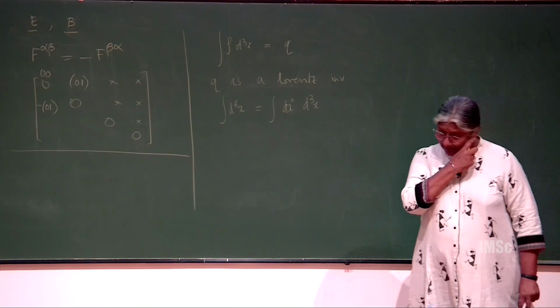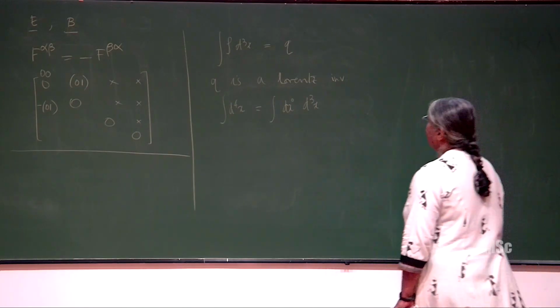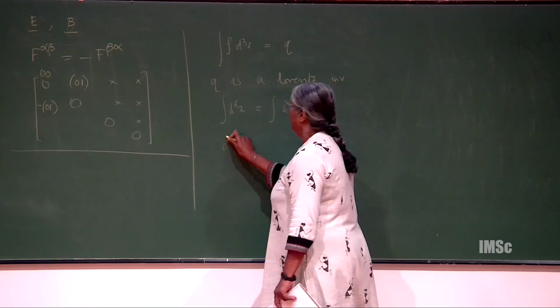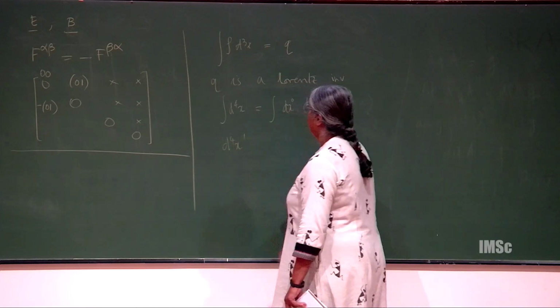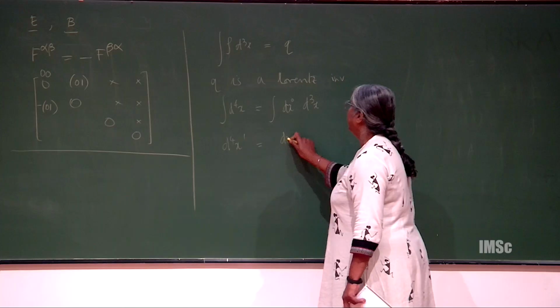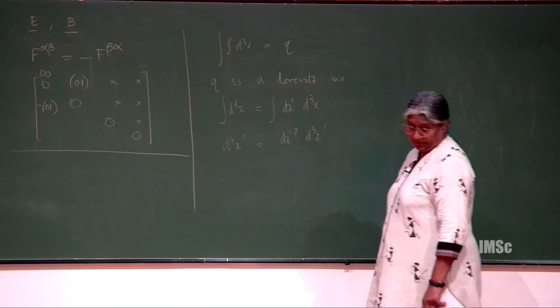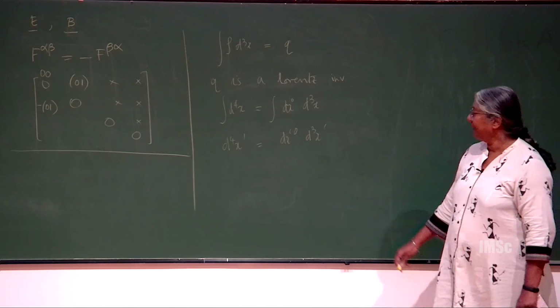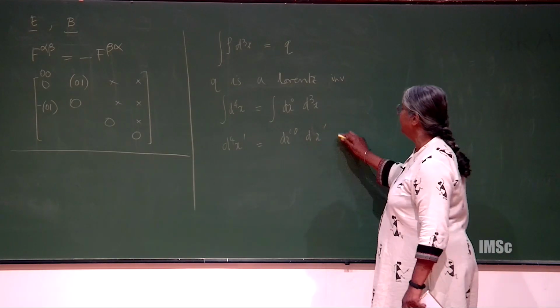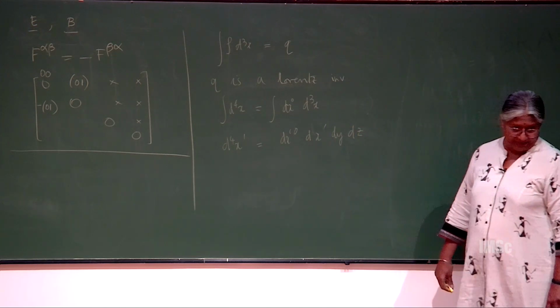So this whole song and dance about determinant A being 1 was that if I transform d4x to d4x prime, then it will transform to dx naught prime into d cubed x prime. Now let us assume that only dx prime changes and dy and dz are the same. Again I am doing the simple case.